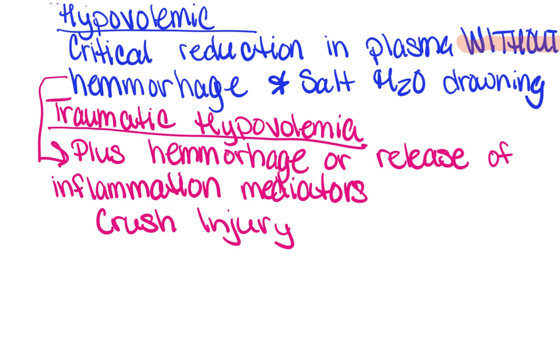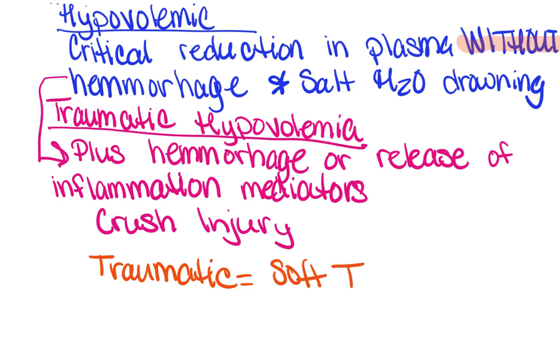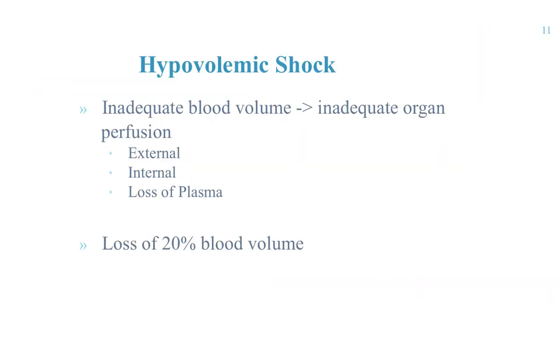So the takeaway that's going to help you remember the difference is if it has traumatic, that means we have an actual loss of blood with soft tissue damage. Okay, so hypovolemic shock is because we don't have enough volume.